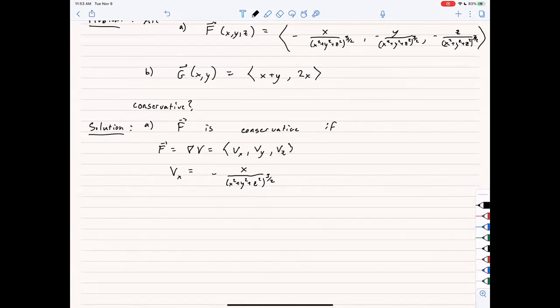Yeah? Question or solution? Can we integrate with respect to x? If you were to integrate this with respect to x, what would you get? Or maybe integrate is the wrong word.